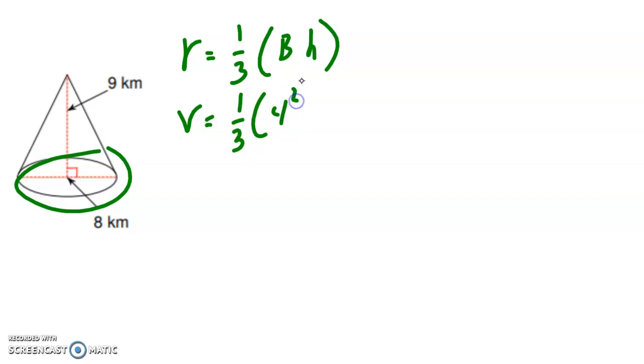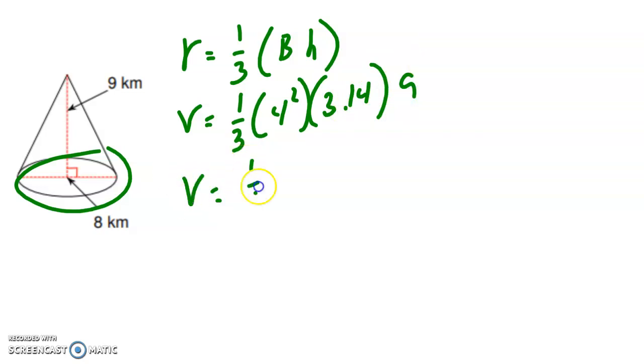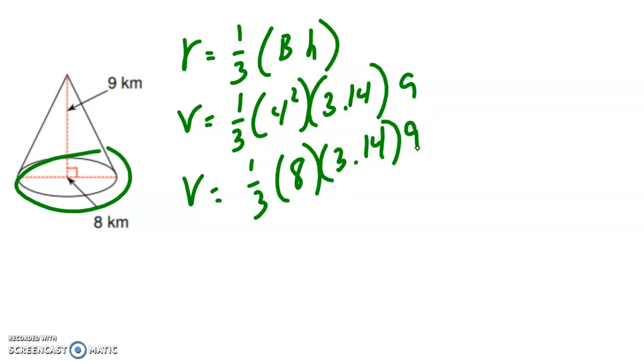So 4 squared multiplied by 3.14 multiplied by 9. So the volume equals a third multiplied by 16 by 3.14 by 9. I'll give you just a second. Go ahead and pause this video as you solve this one.